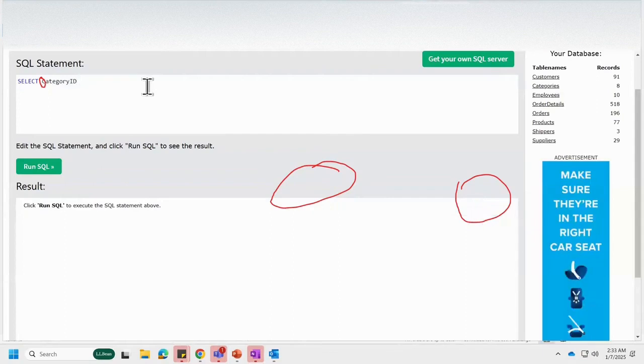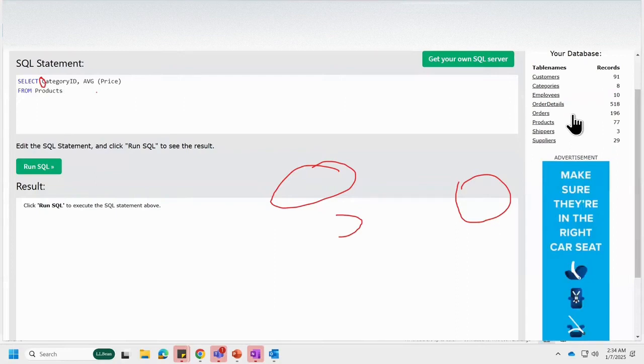Okay, this is comma, average of price from products.